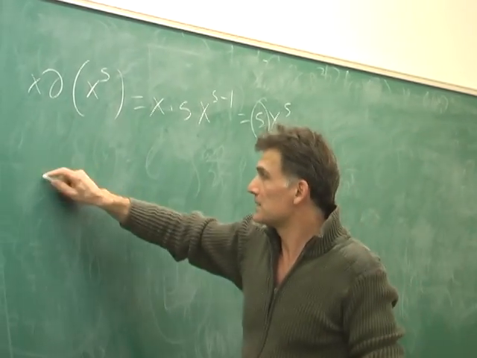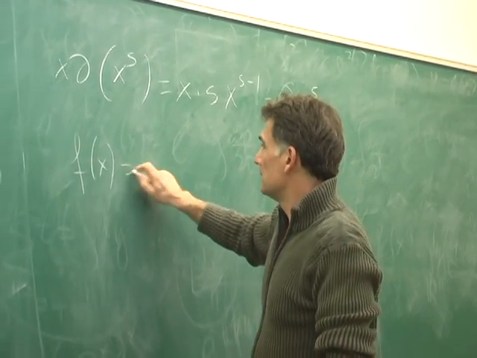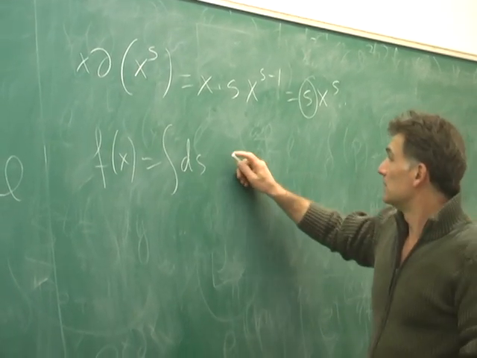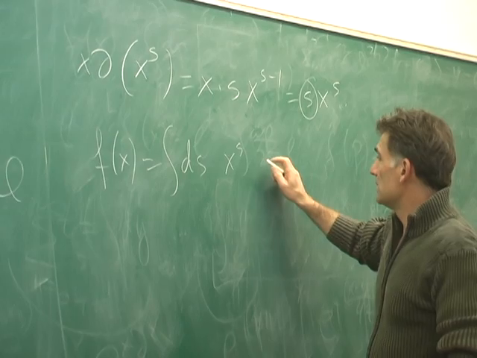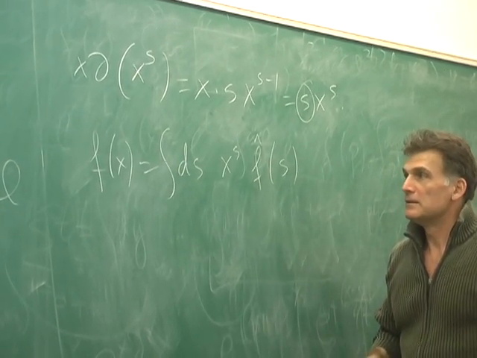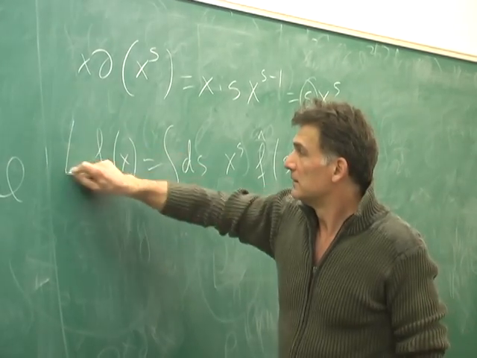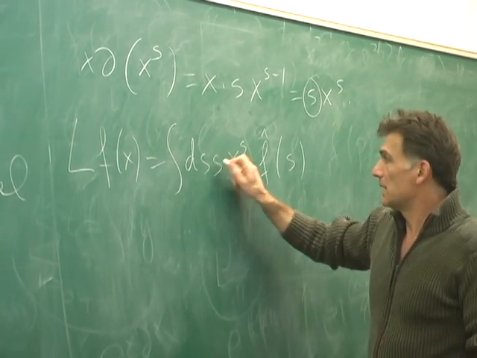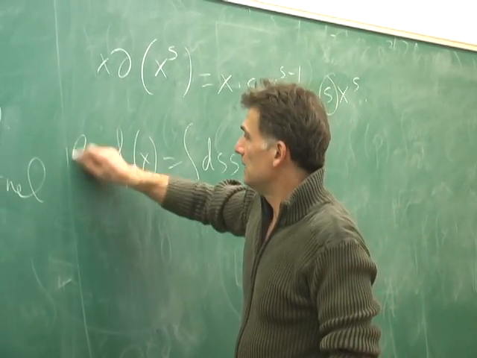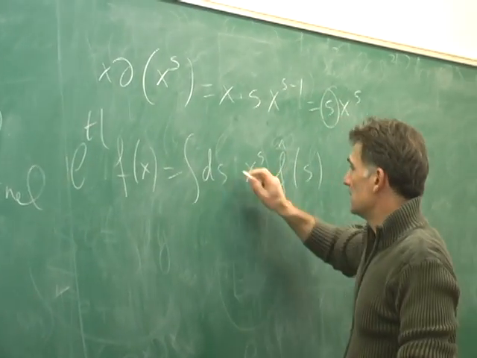So you just get multiplication by s, which is, again, multiplication. So if you have a function f of x, and if you can write it as some kind of an integral over, well, let's say x to the s and then some function of s, then that operator would act on this just by multiplication. And so if you take, say, e to the t times that operator, then here you would just get e to the t s.